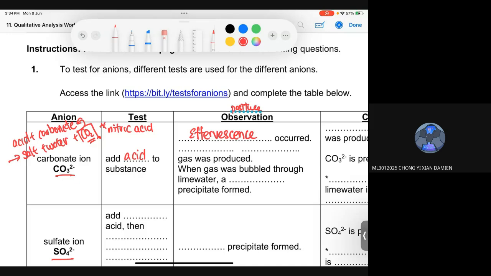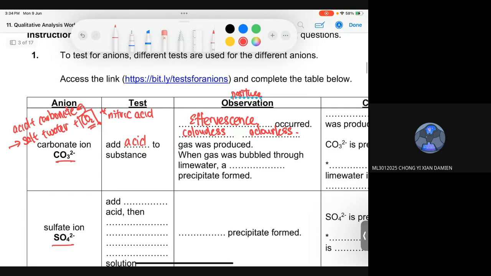If you ever do the test, you'll get a colorless, odorless gas evolved. Once a colorless gas is evolved, I can rule out ammonia, chlorine gas, and sulfur dioxide. I'm just left with hydrogen, oxygen, and carbon dioxide.